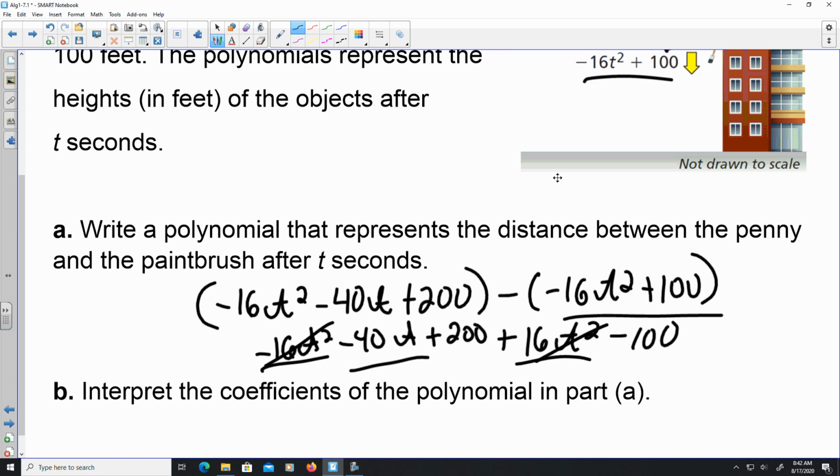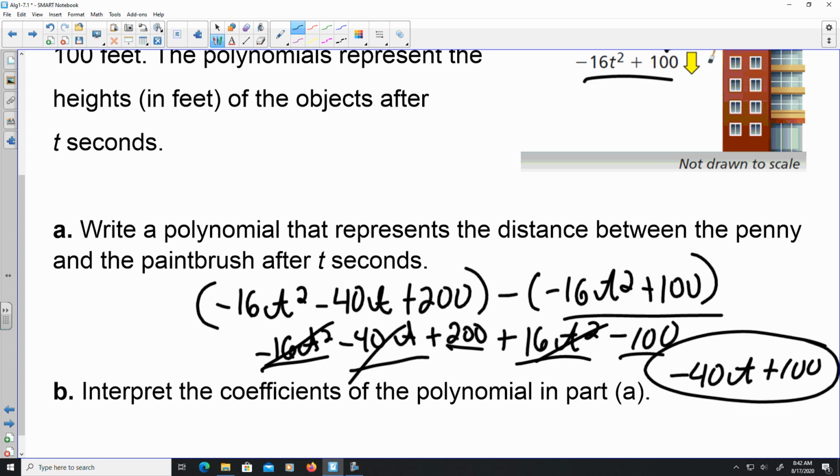T is negative 40, so I got negative 40t. Cross that out, and then I got 200 minus 100, so that's going to be plus 100. So the expression of the distance between the penny and the paintbrush after t seconds is negative 40t plus 100.